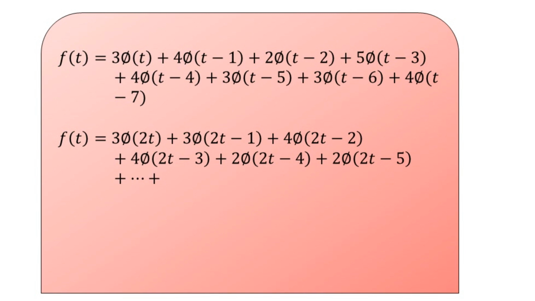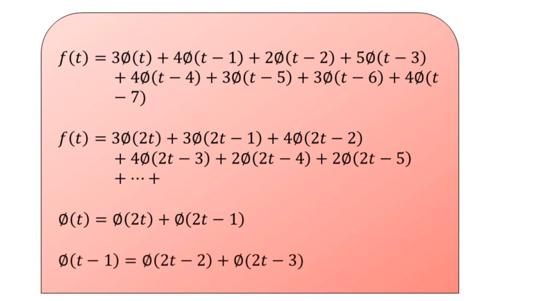So now, for example, let us have phi(t) as represented here, and phi(t minus 1) here. On the left hand side we have the functional basis from V0, and on the right hand side we have the functional basis from the capital V1 here.